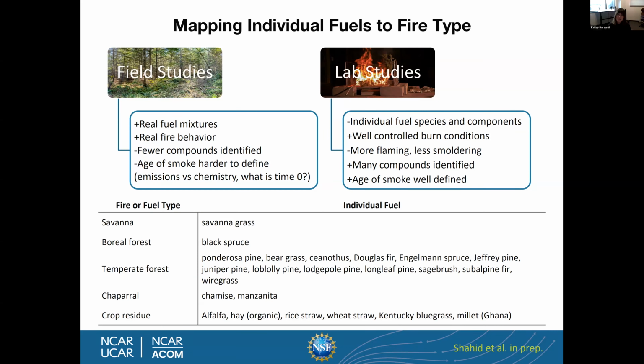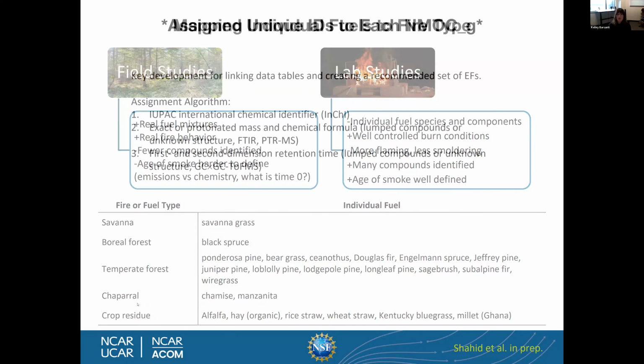So we wanted to keep these individual fuels that have been measured in lab studies, and this is just an example of how we mapped these individual fuels to these fuel or fire types, right? So we have both the emission factors from all of these individual fuels, as well as we've mapped them and come up with some final or recommended EFs in each of these categories. Okay.